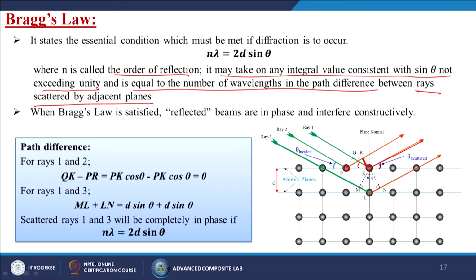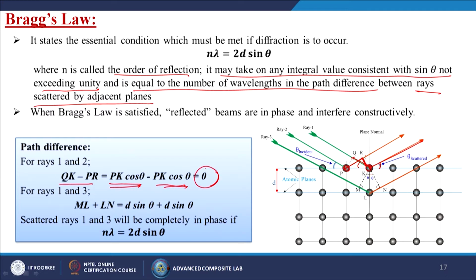For rays 1 and 2 the path difference will be QK minus PR. QK is nothing but PK cos theta, and PR is also PK cos theta, because this is P and this is K. The angle is theta.